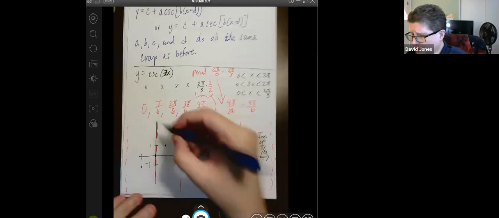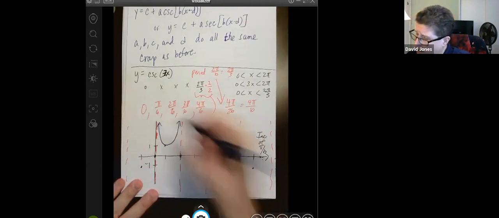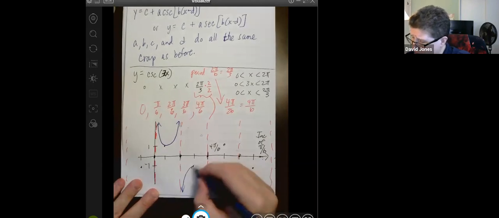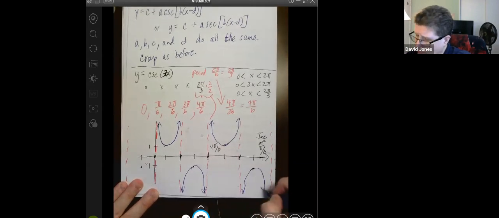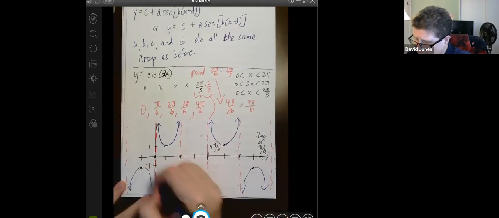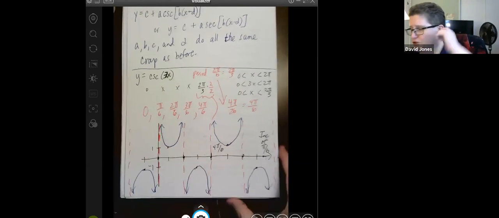And we Tron cycle away from the center. All it does is the B just changed the period.